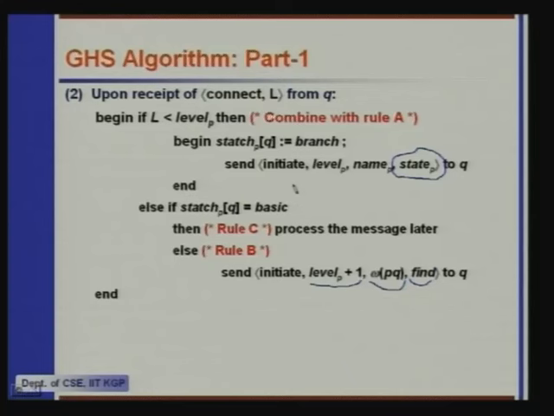So, what does it mean? When you are testing an edge, looking at the least cost outgoing edge, if the other side gets the message and sees that this is a node of a different fragment, the name is different but the level is the same, then you know that this is going to become a branch.